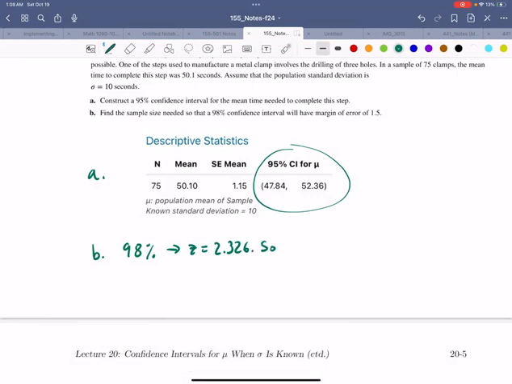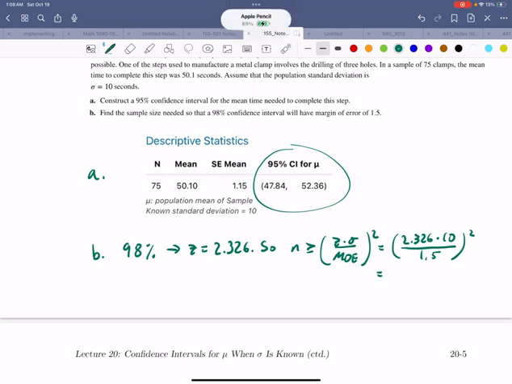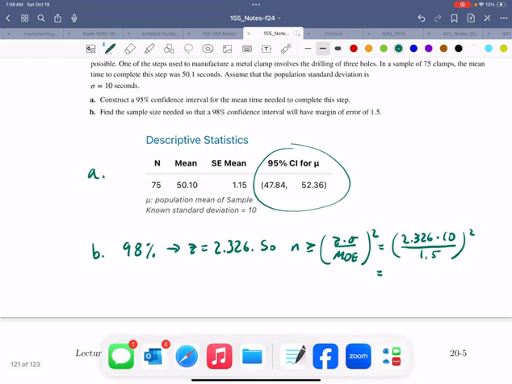Right. So n needs to be greater than or equal to, and we're just using the formula. Remember, it's Z times sigma over the margin of error squared. So this is going to be 2.326 times our standard deviation, which is 10, over 1.5 quantity squared, which is going to equal 23.26 over 1.5 quantity squared.